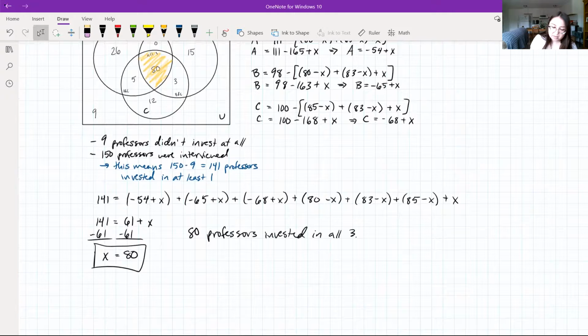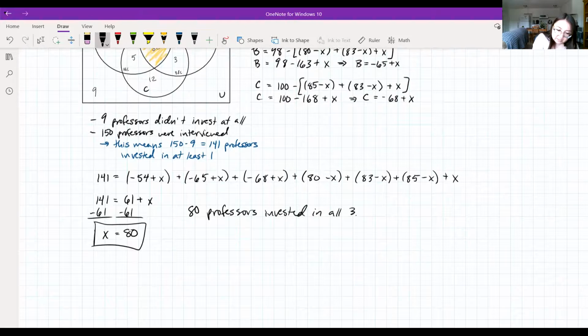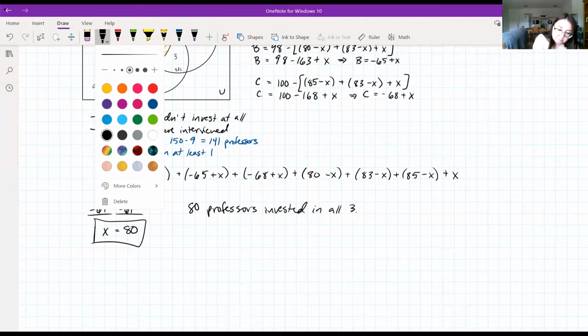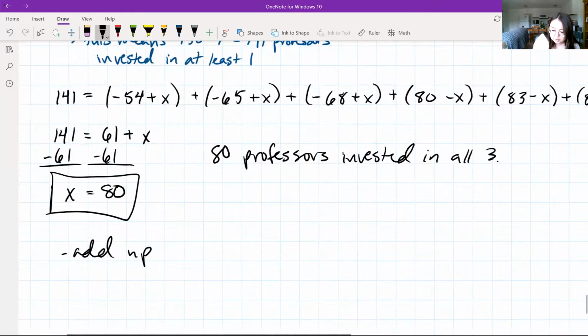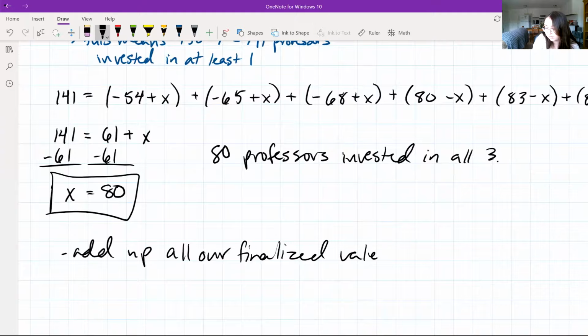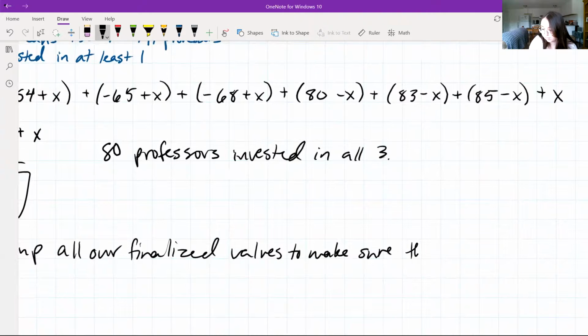So if we add up everything, we add up all our finalized values to make sure they equal 150.